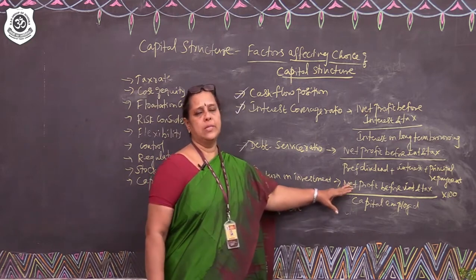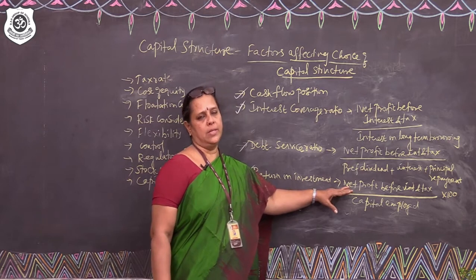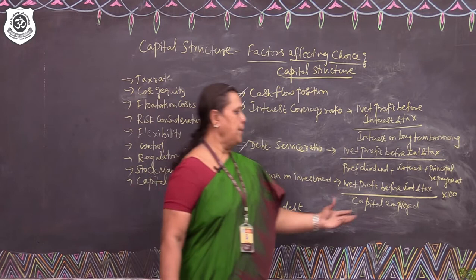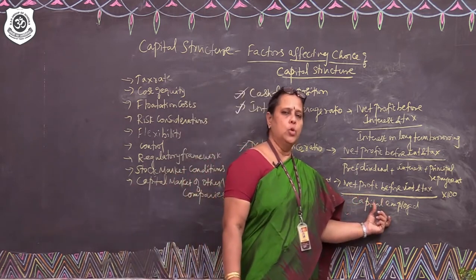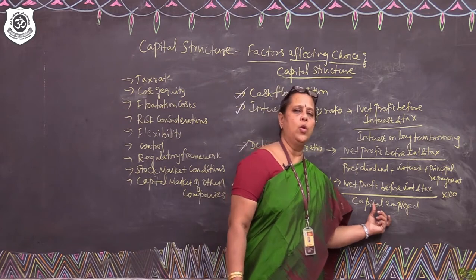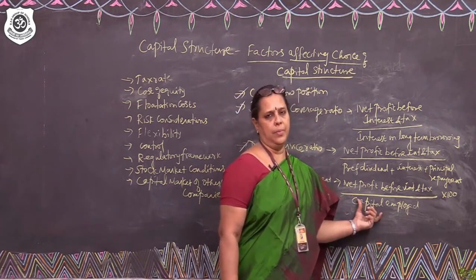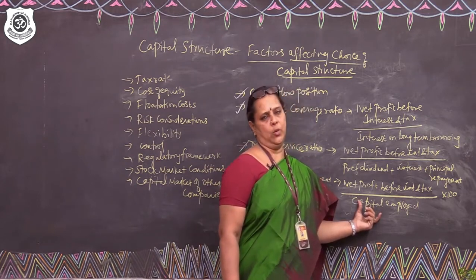It is computed by the formula net profit before interest and tax divided by capital employed, multiplied by 100. This capital employed consists of debt and equity. So, if the company's overall return on investment is good, that indicates higher profitability of the company. In that case, the company can employ more debt and less equity.